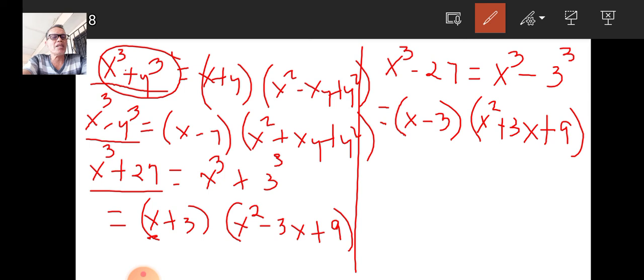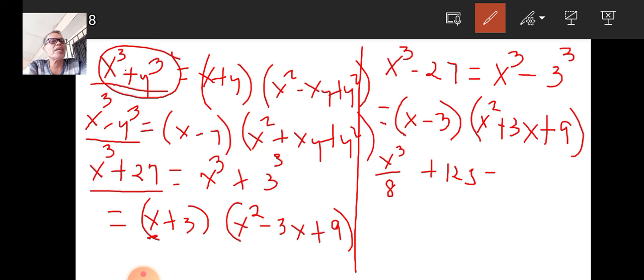Okay, another example, if you have x cubed over 8 plus 125.